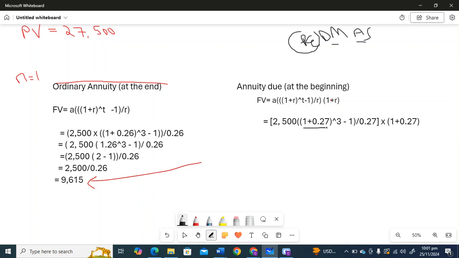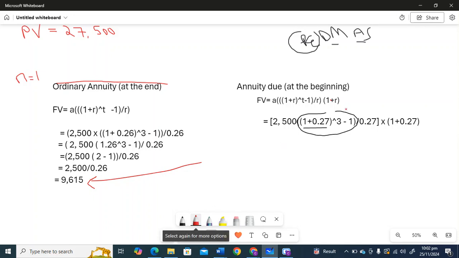So 1.27 to the power 3 is 2.048. When you subtract 1, you get 1.048.